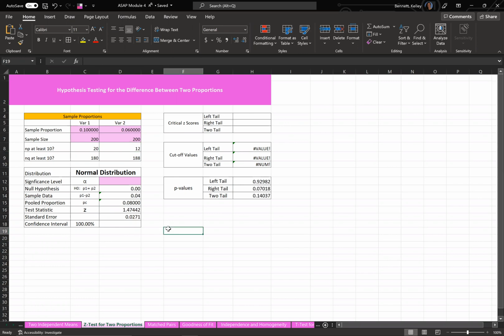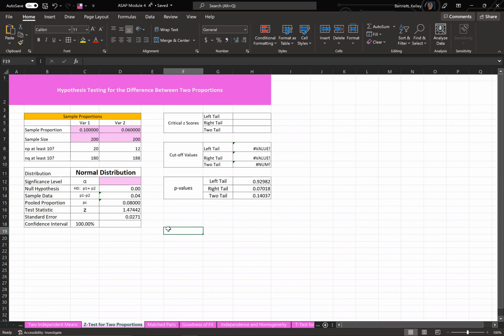You do not need to have the same sample size when you're testing for independent proportions, nor when you're testing for independent means. So it's nice that I had 200 and 200, but it very easily could have worked if I had 200 and 150. They don't need to match.